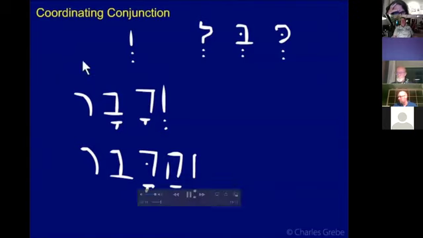Just to remember, when you have an inseparable preposition, le, be, or ke, and you prefix it before an article, then the hey disappears and the inseparable preposition moves one step to the left and keeps the patach.